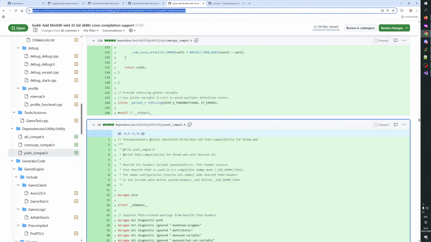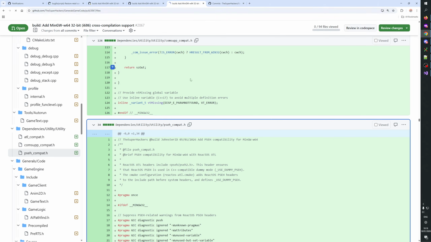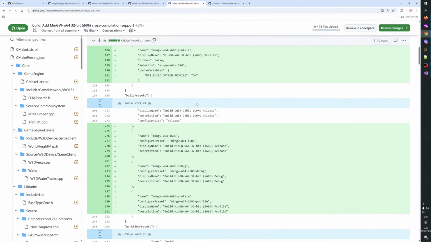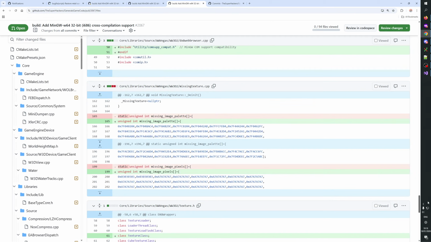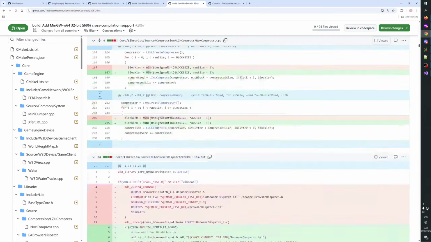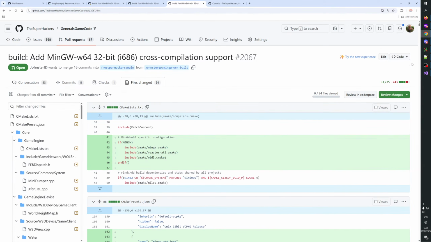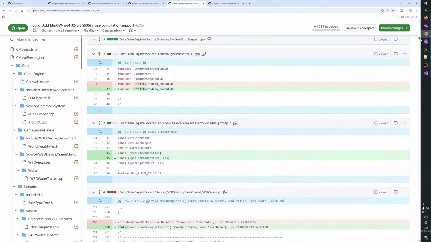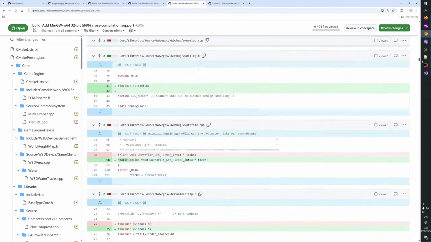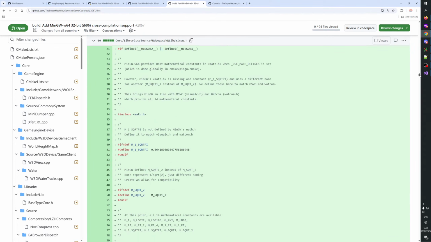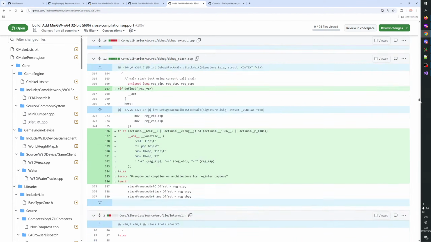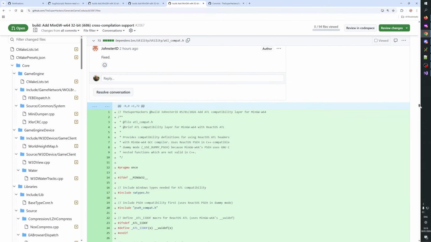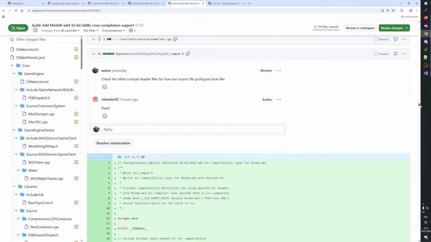It still looks like before. Let me see that again. ATL. It's not changed.